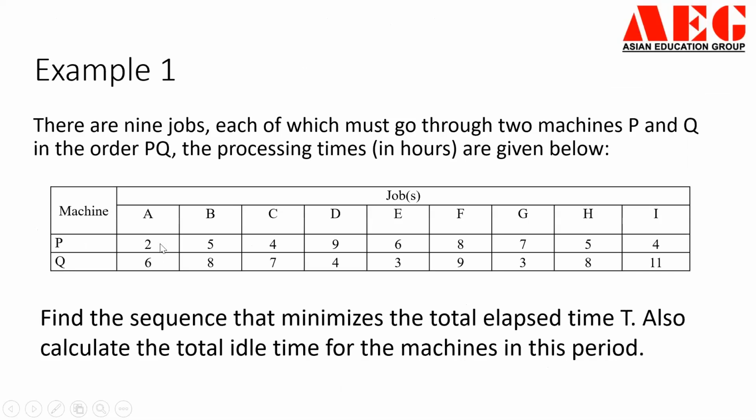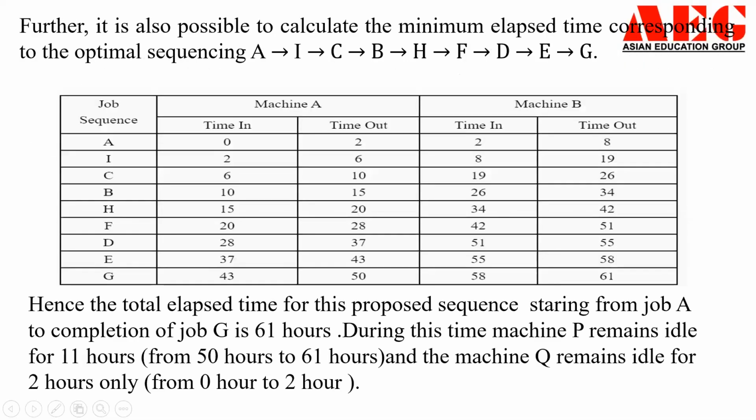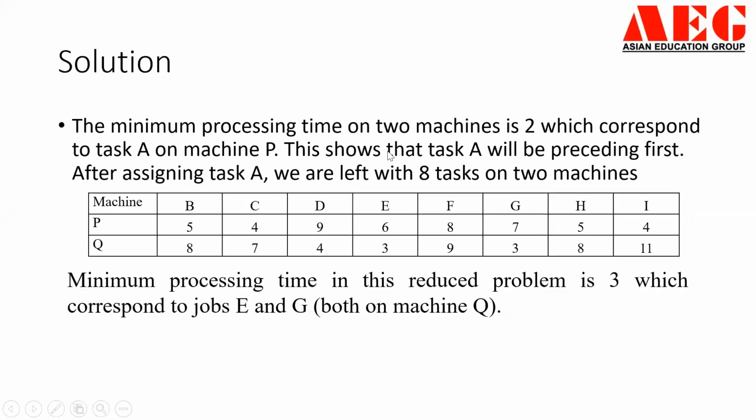So A's time is 2 hours. So we take time in as 0 and time out as 2. Why have we taken 2? Because it comes from our question.